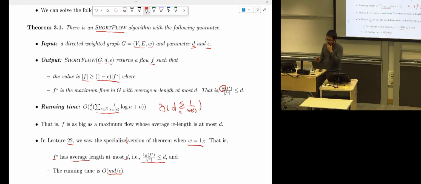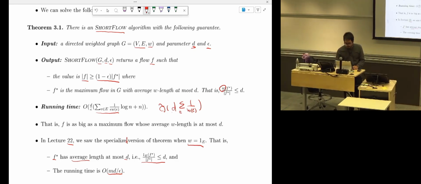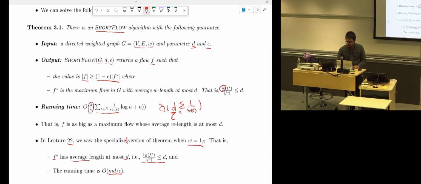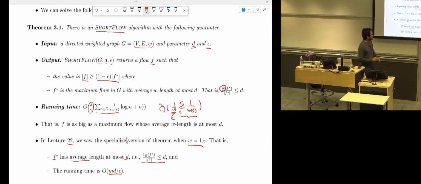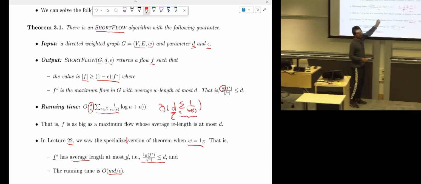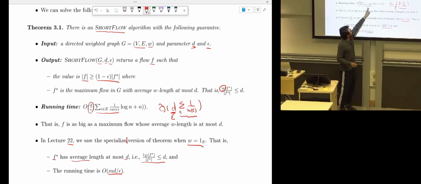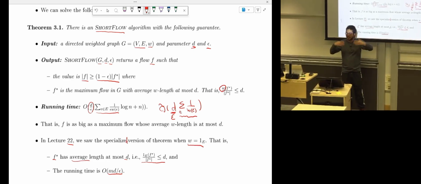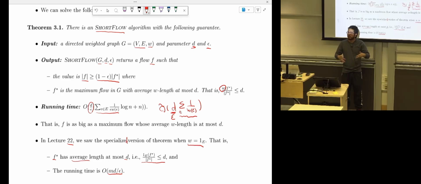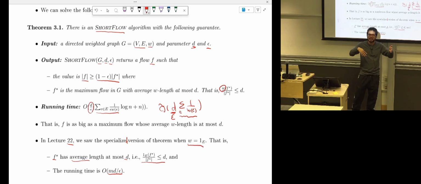But now, okay, we have this D over epsilon as well. But here we have edge weight. But you remember the point in introducing edge weight to push the level is that if the weight is large, we don't need to probe them many times.